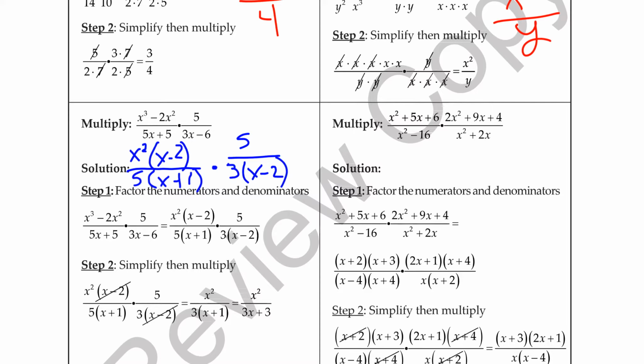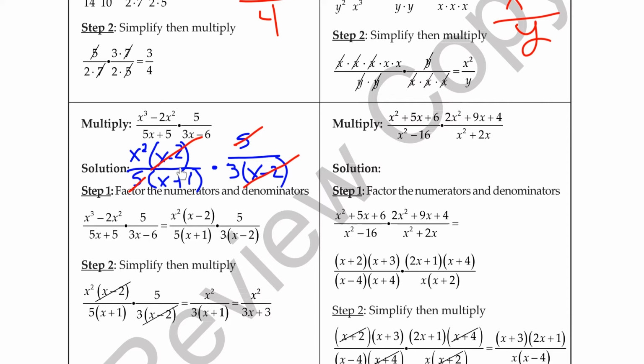Now we can look, remember, diagonally or vertically. We can cancel. And it looks right off the bat like that we can cancel these 5's. And we can also cancel x minus 2. This x squared cannot cancel with this x, because remember, this is being added, so this is a term.